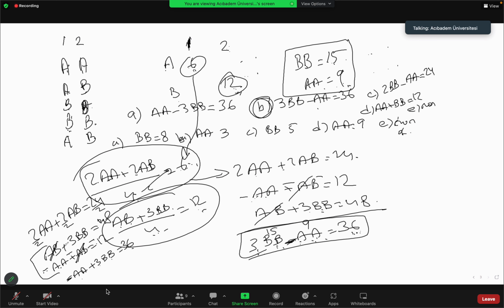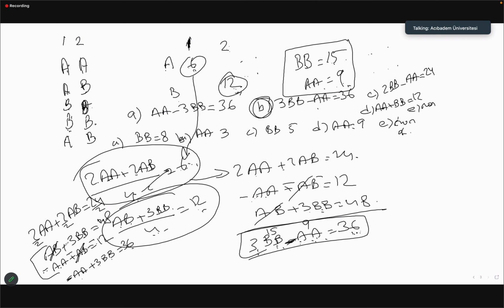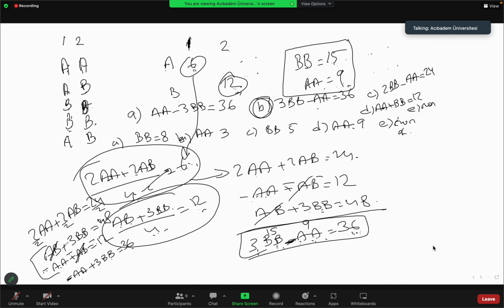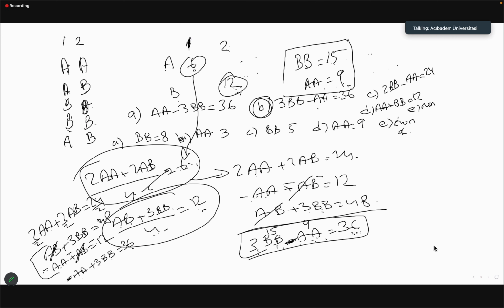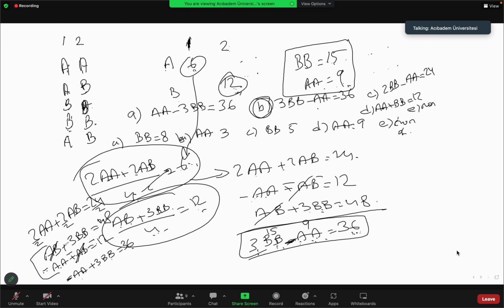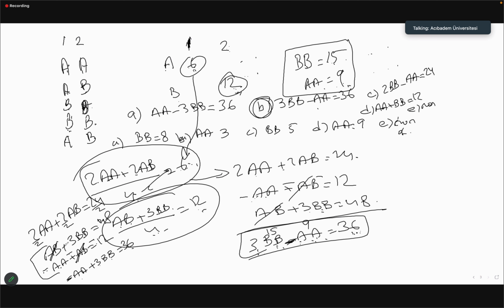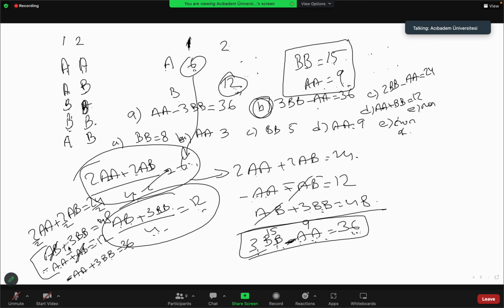Okay, the final is cumulative. So it's going to be everything. It's going to have a beginning part, around 30% of the questions from the first midterm subjects, maybe 35%, and 65% will be the things after the midterm.